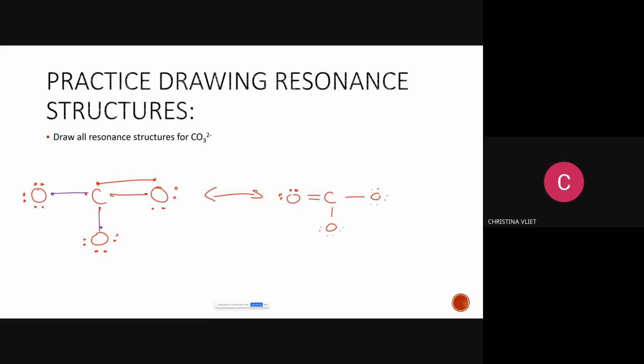And I checked one person who didn't show the valence electrons, but they showed the formal charges. And that communicates the same thing as writing the correct amount of valence electrons. And then where's the other spot where the double bond could have been? At the bottom. But this time, instead of 6 electrons down here, you'd have to write the 4 down here. And then here you'd have this and this.